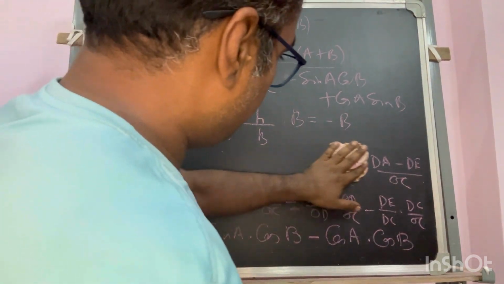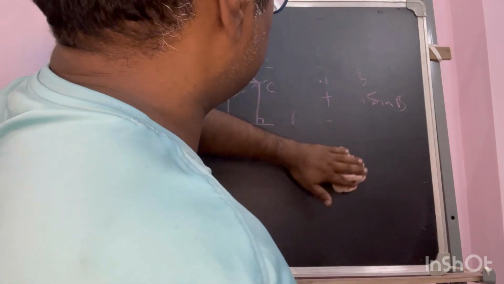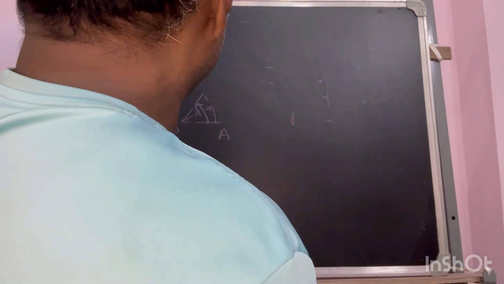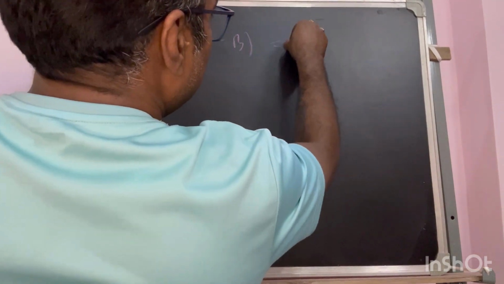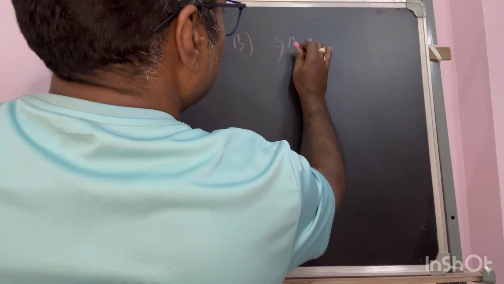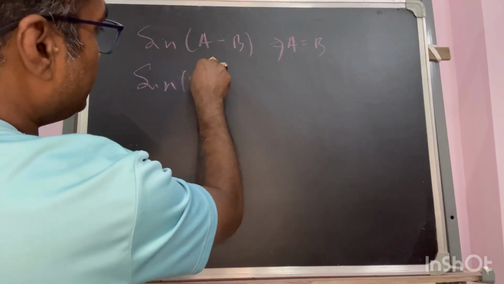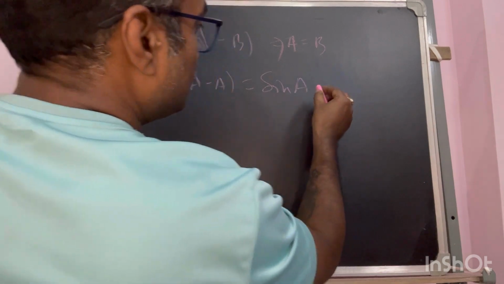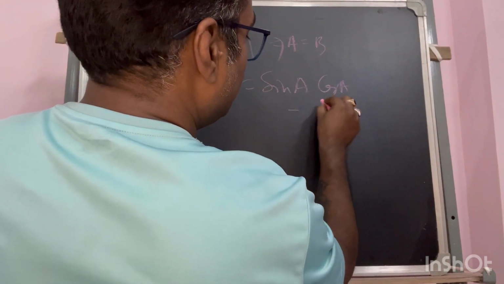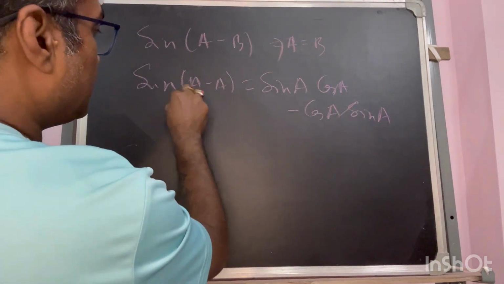Now, in this case, I cannot put A equal to B because that will give you what? Sine 0. Sine 0 is 0. So if I put A equal to B, then on the left it will become sine of A minus A, and on the right-hand side it will become sin A cos A minus cos A sin A, so these are equal, and ultimately it is 0.